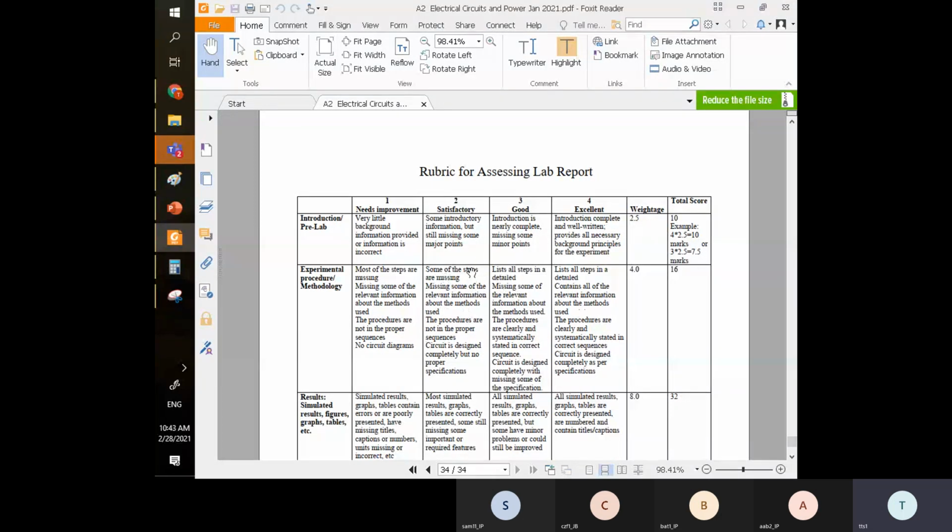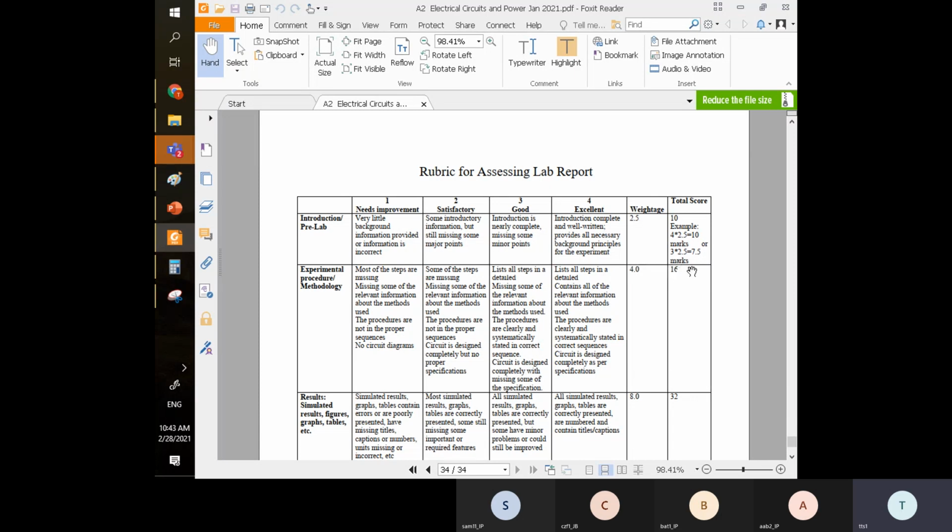If I see no procedure, no steps, most of the steps missing, then I cannot give you 4. I can give you 1 only, because the minimum is 1, I cannot give you 0. So 1 times 4, you get 4 marks, 4% only.